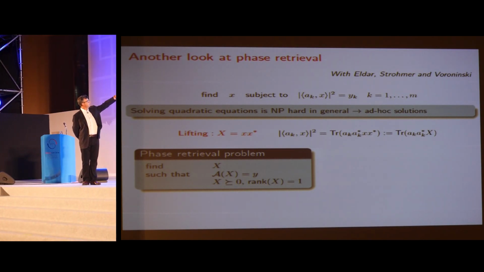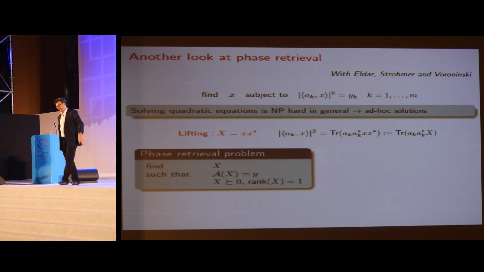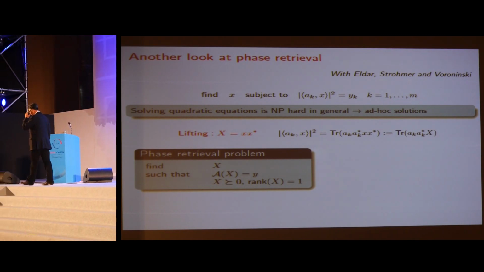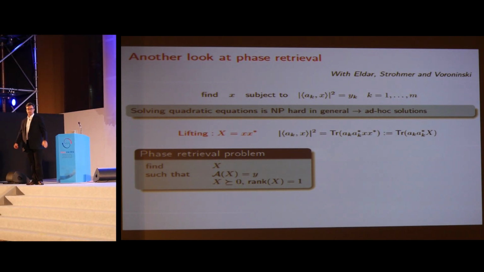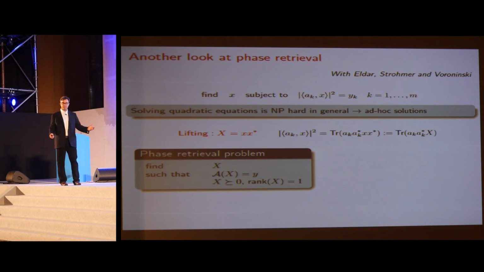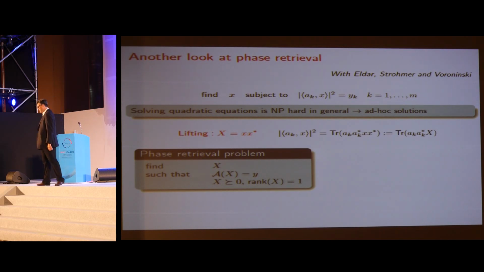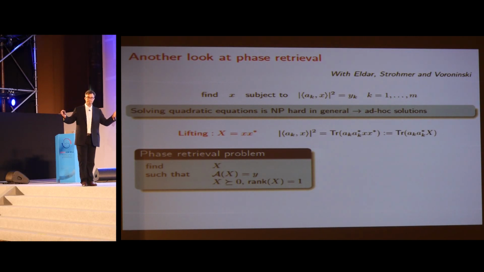When I've got a squared dot product, |ak.x| squared, I can rewrite it as the trace of a rank 1 matrix, ak ak star, times a rank 1 matrix, xx star. If I call the matrix xx star capital X, it is the trace of a rank 1 matrix times capital X. So it's a linear equation about capital X. By lifting the problem into the space of matrices, things that were quadratic become linear.